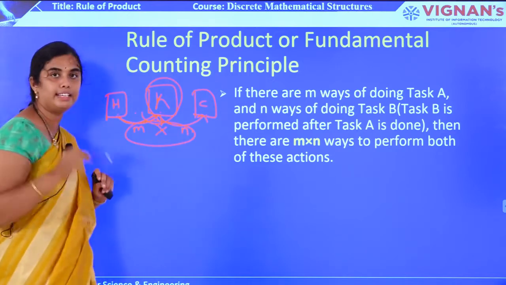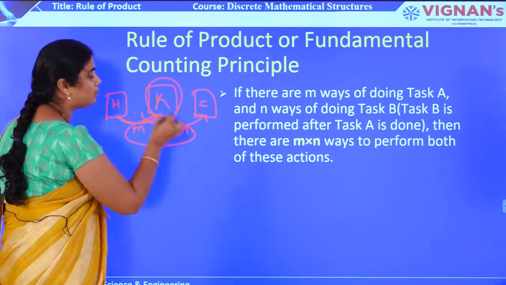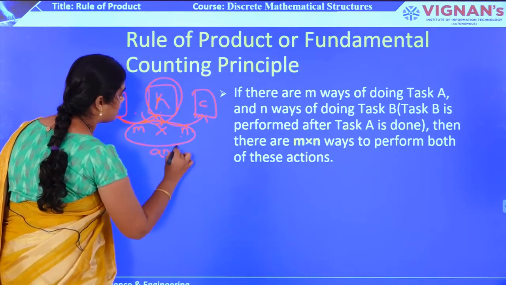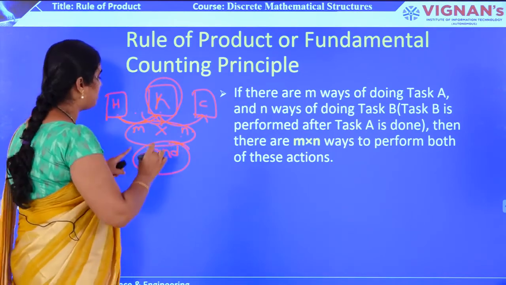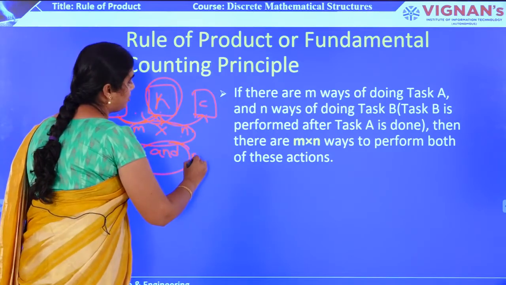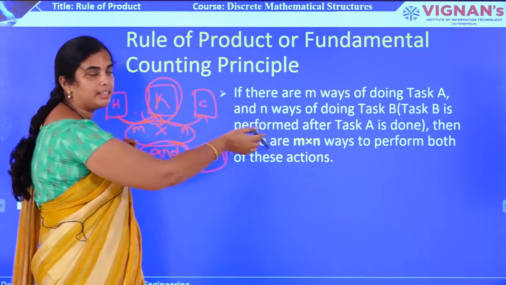This m cross n denotes mandatory. Here traveling through m and traveling through n both are mandatory. That means this denotes AND operation. So m and n are mandatory, so we denote it by m into n ways. And that is what the definition says.